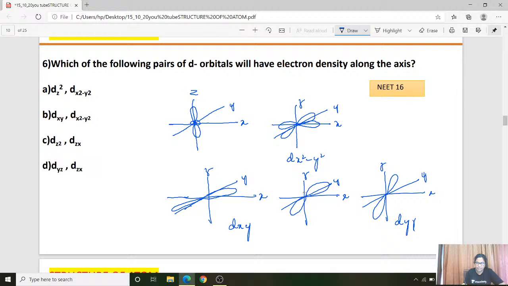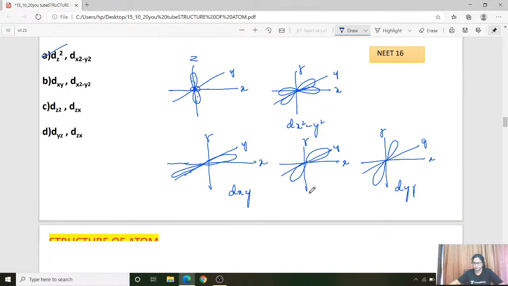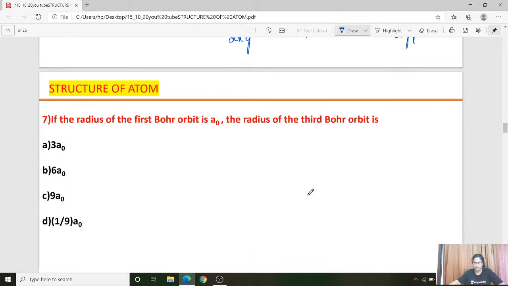Because the density is here, you get this kind of shape. So the answer should be dz square and dx square minus y square, option A. I hope it is clear. In all these 3 other cases, they are not along the axis. They are in between the axes.